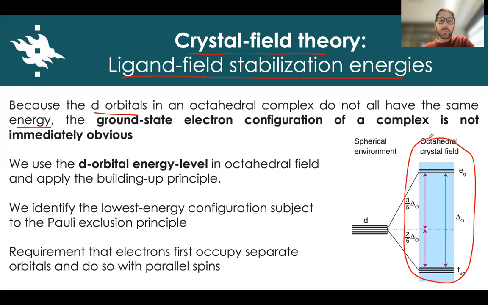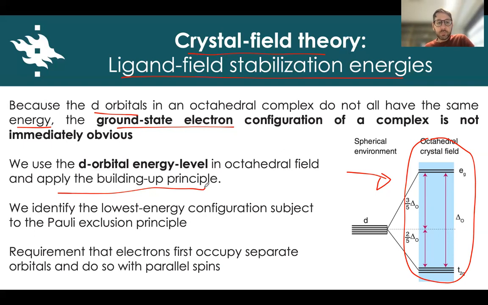Therefore, this means that the ground state configuration of a complex is not immediately obvious, right? So for example, we can, based on this energy level diagram for the d orbitals, find out what the electron configuration of a complex would be, right? And then we can use this diagram and apply the building up principle.